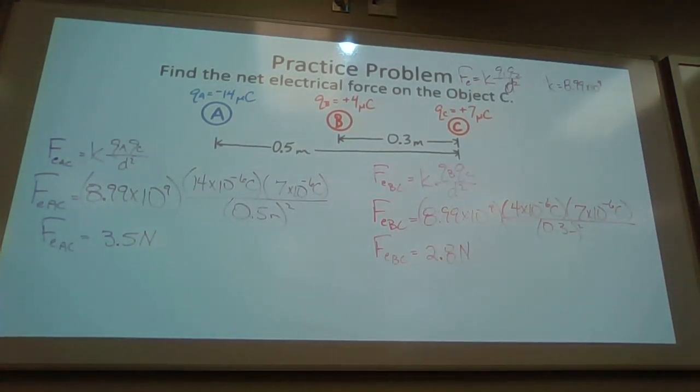Okay, those are the individual forces. Okay, good with that. Now, finding the net force.